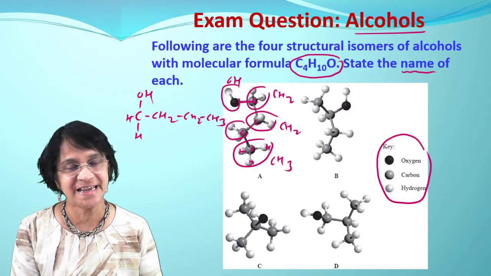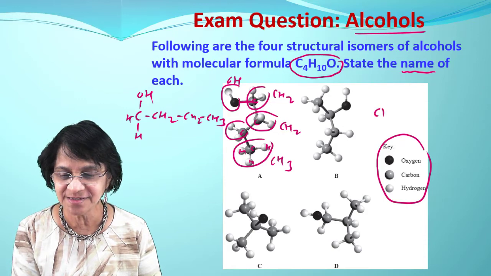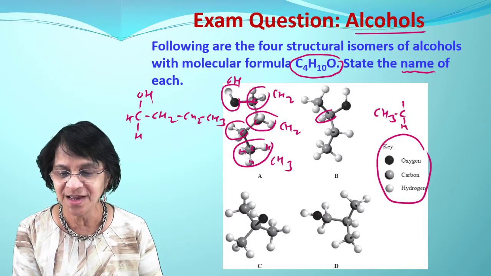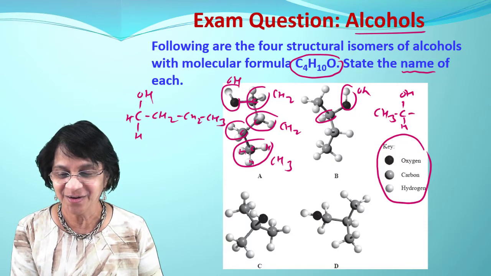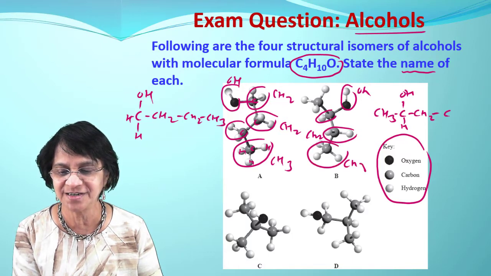Now let's do the same thing with all the molecules. So over here, this is CH3. This one, if you look carefully, is one hydrogen, and then this is the OH group. Over here, this is going to be CH2, and the last part of course is CH3.